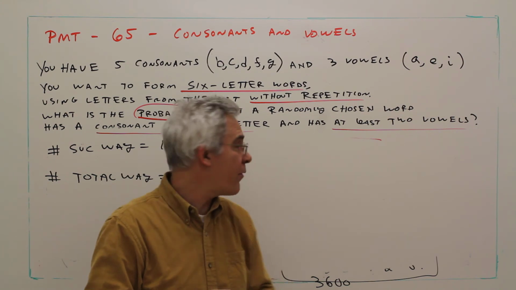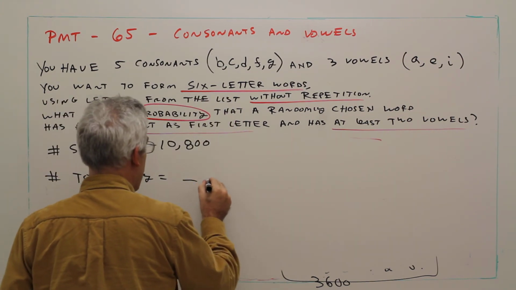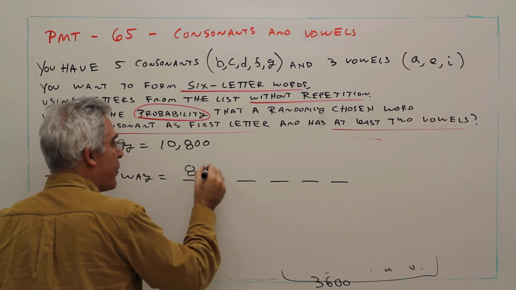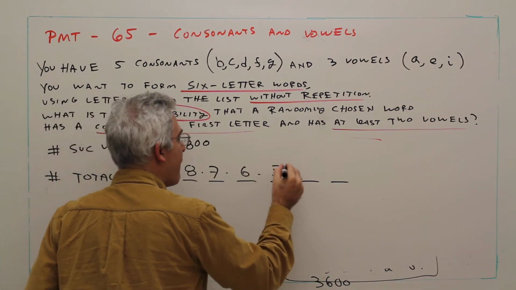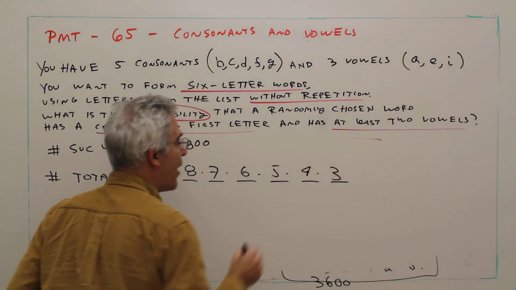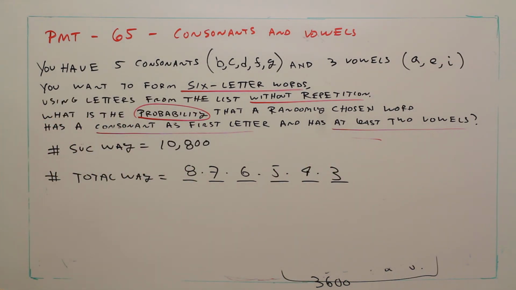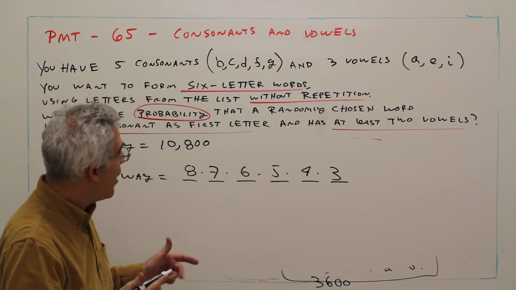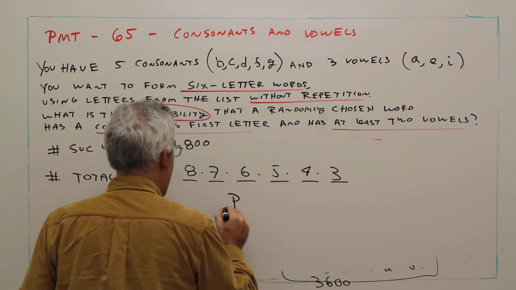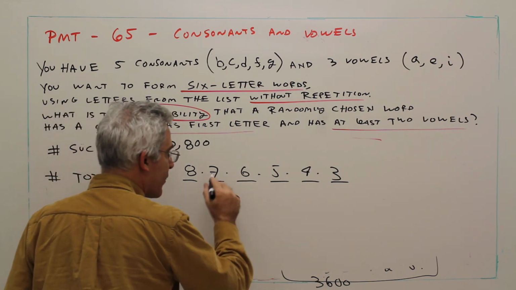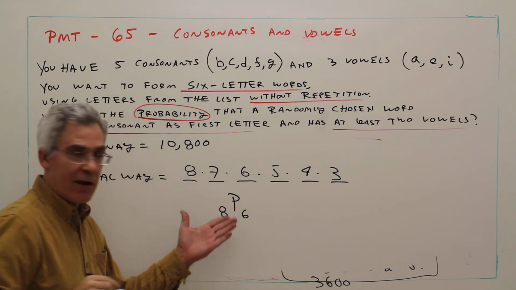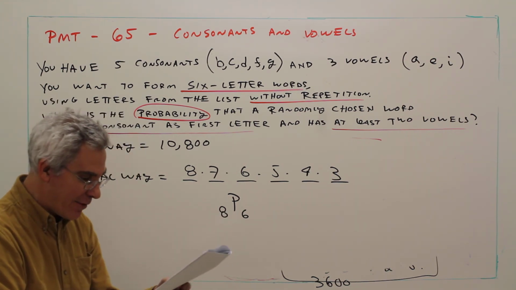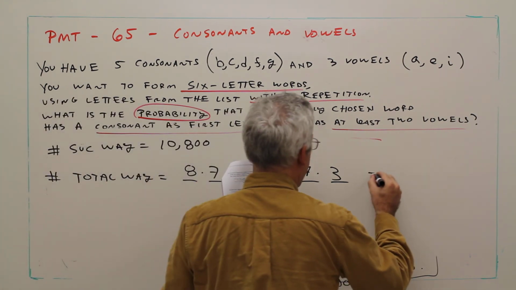So the number of ways of arranging that, I'll just be visual. 8 ways of doing that step: 7, 6, 5, 4, and 3. Okay, so that's without any restraints or constrictions whatsoever. A quicker way of doing that would have been, out of 8 objects, find the permutations taken 6 at a time. So just to save time, I got 20,160 for that.